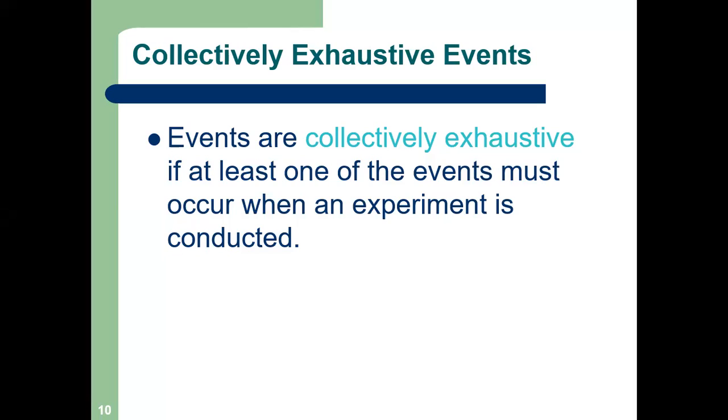Like when we roll a die, there should be one outcome. We cannot say that there is no outcome. Or when we toss a coin, there would be at least one outcome, either head or tail. We cannot say that there is no head and no tail. This is not possible.